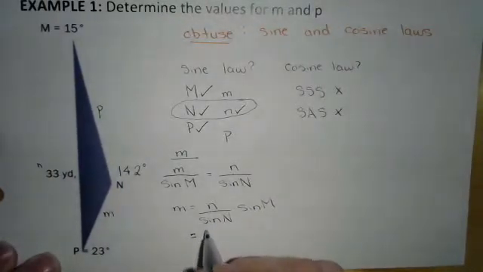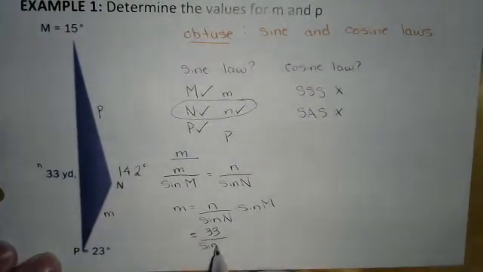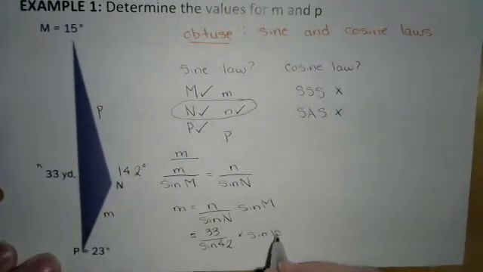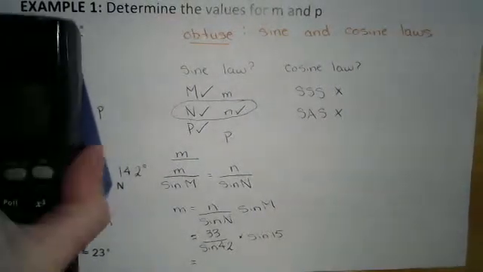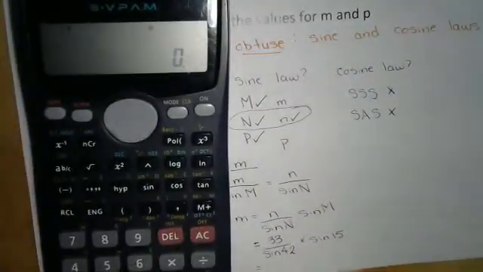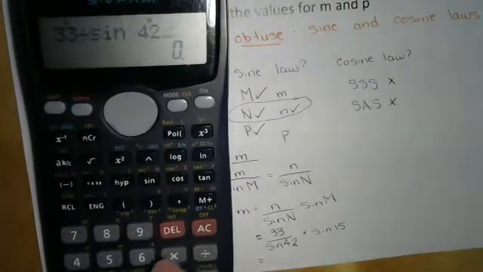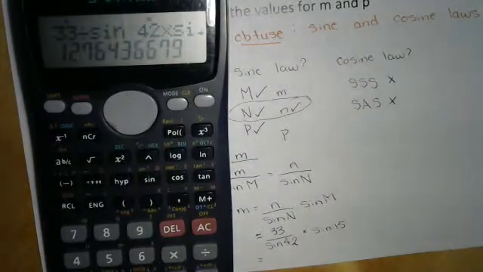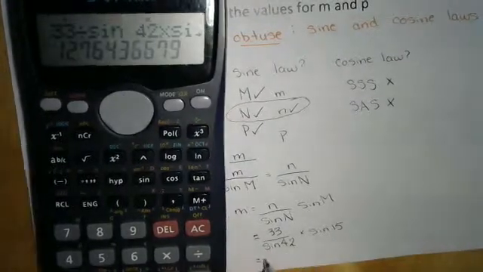Little n is 33 yards. Angle N is 42 degrees times sine of 15. Calculator time. 33 divided by sine 42 multiplied by the sine of 15 equals 12.76.